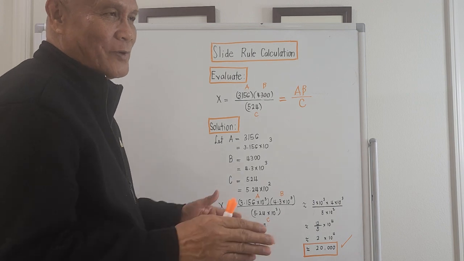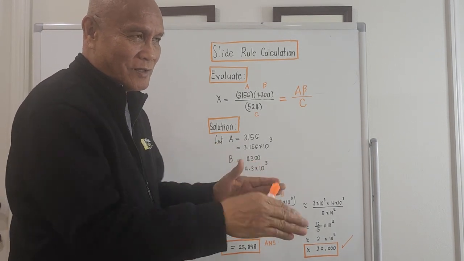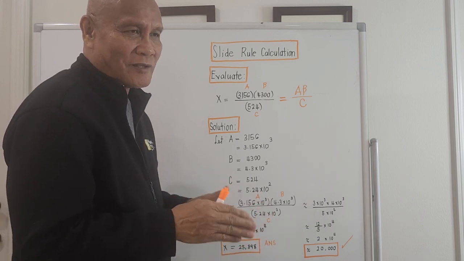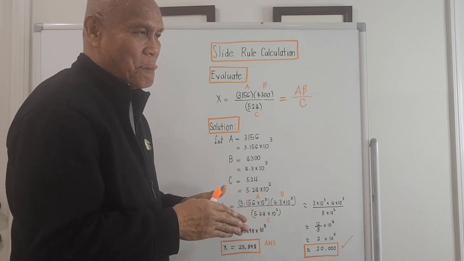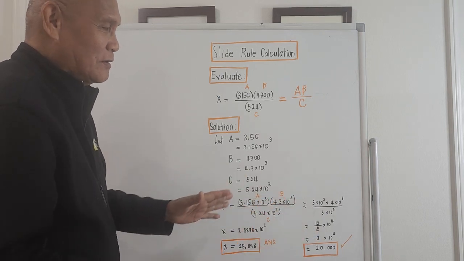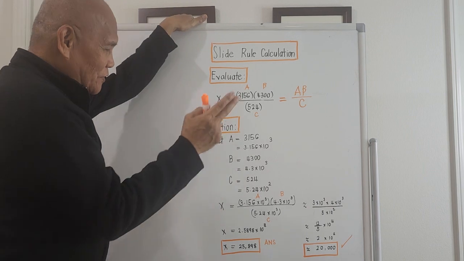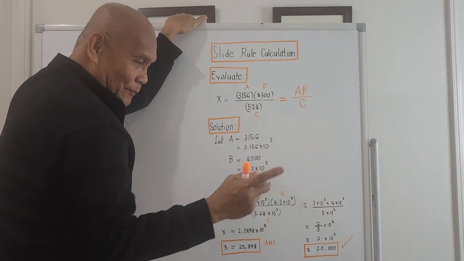Maybe others are not interested in this, but for those who would like to master the presentation of the solution, with the exact value of the final answer, just be serious about this. For the presentation of the solution, we let A equal 3156.